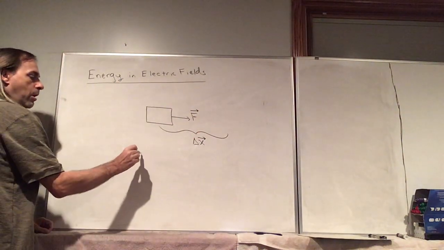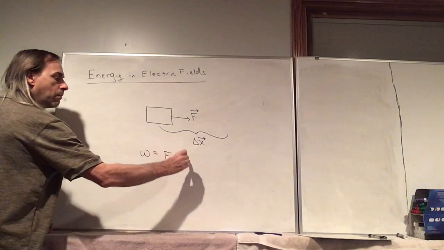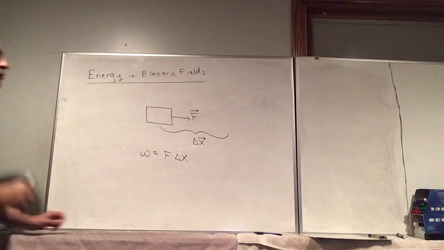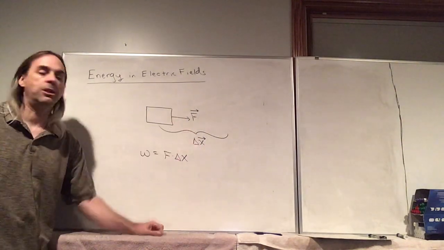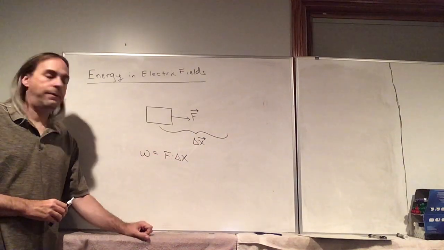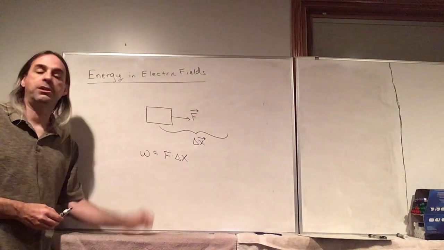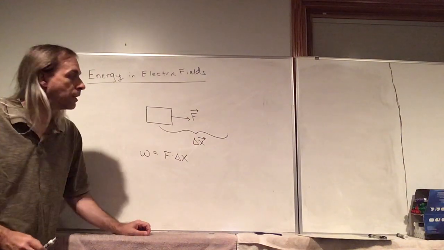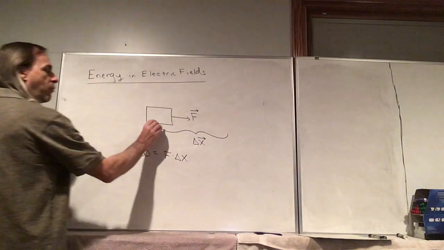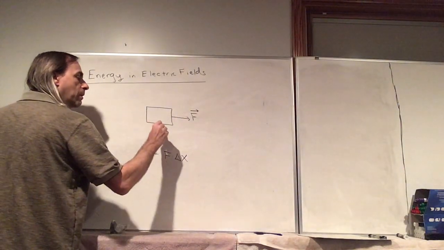In that case, the work would simply be force times displacement. This is a special case where the force and displacement vectors are parallel. The work done, a scalar, would just be the magnitude of the force times the magnitude of the displacement.